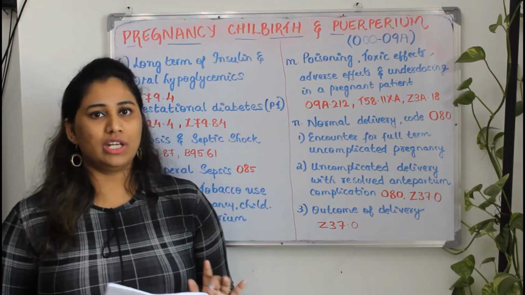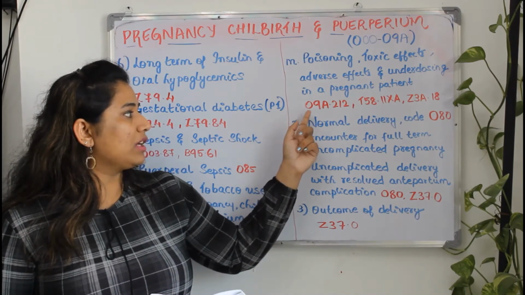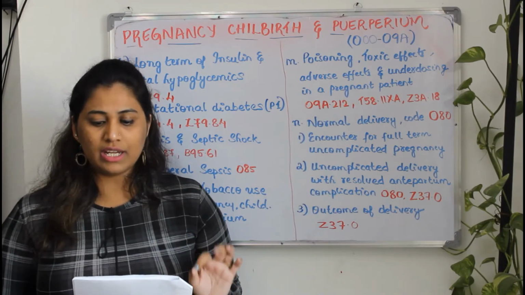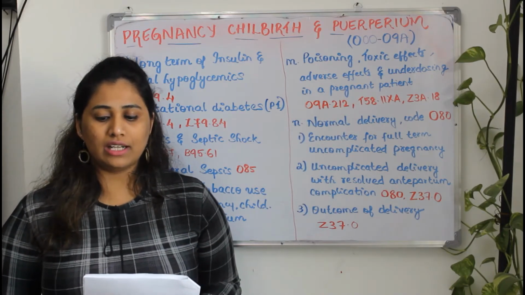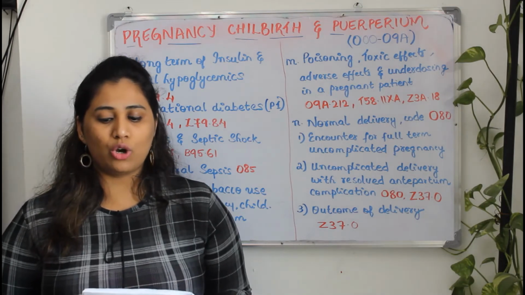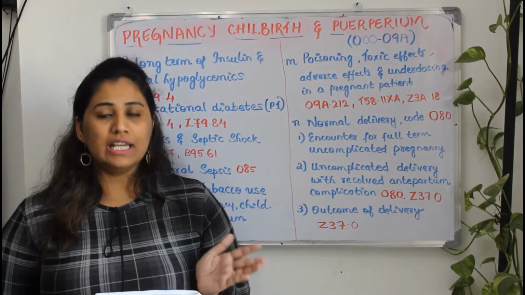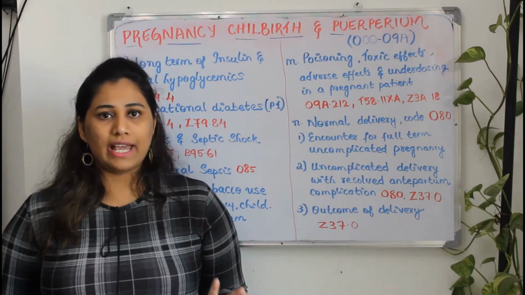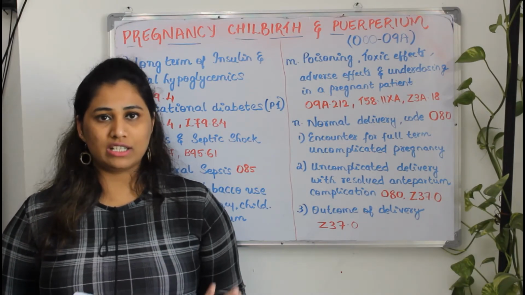Here we will see how the scenario is. The codes will be O9A.212, that is injury, poisoning and certain other consequences of external cause complicating pregnancy, second trimester. Why did it come as second trimester? As the patient is 18 weeks pregnant.